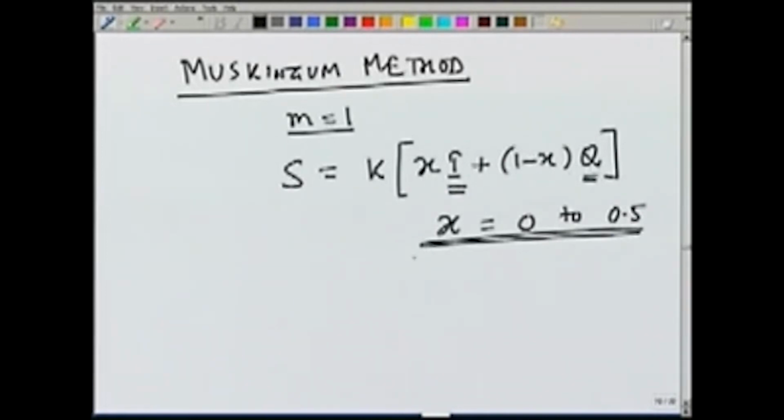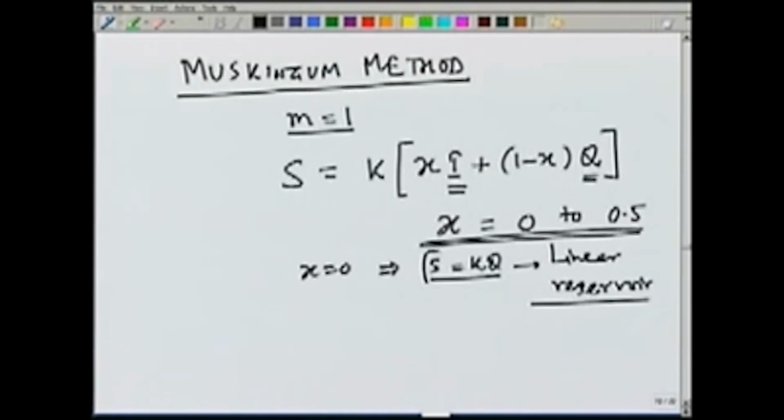So, if we put x equal to 0, then we get S equal to K Q, which is known as a linear reservoir. And this is used sometimes in developing the instantaneous unit hydrographs, which we have talked about already.